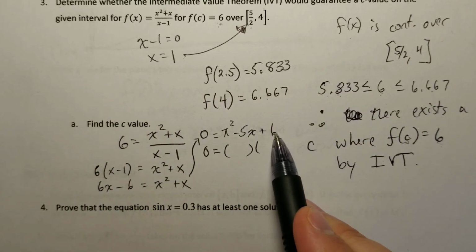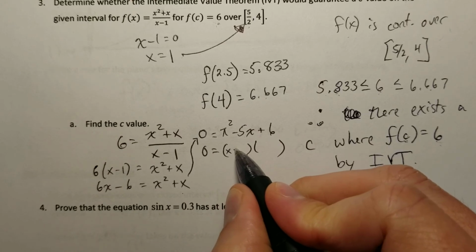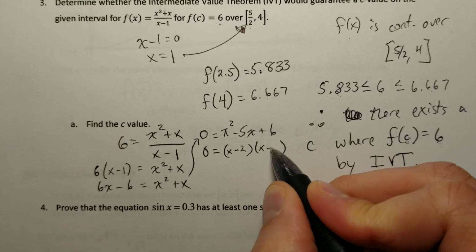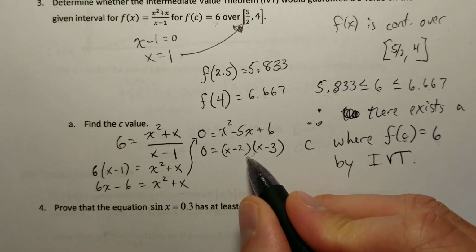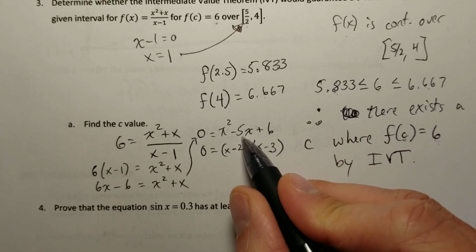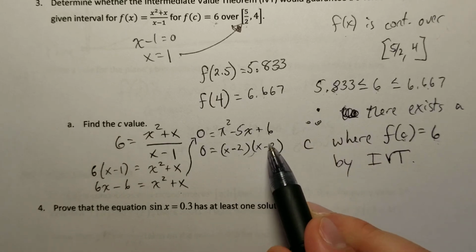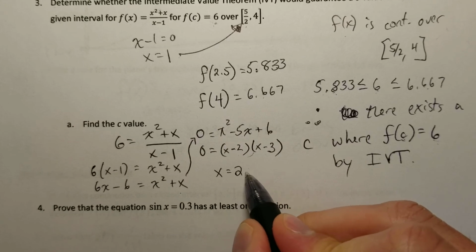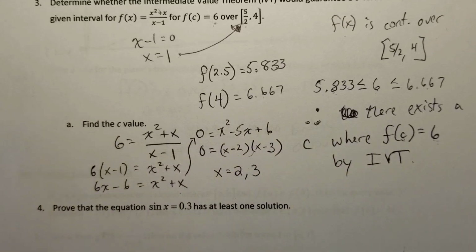Negative 5, positive 6. I think we want x minus 2 and x minus 3, right? Negative 2x and negative 3x will give me negative 5x. And negative 2 times negative 3 is positive 6. So the values that I want are x equals 2 and x equals 3.